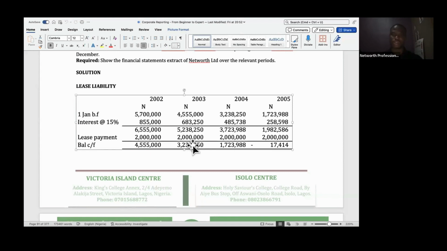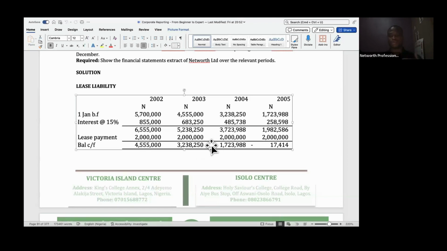That was for 2002. For 2003, we said this 3.2 million is what we are owing for the remaining periods. But a portion of this 3.2 million also will be paid next year, while the remaining portion will be paid later into the period. So the one we are paying next year, we looked at it by saying, okay, if what we are owing at the end of 2003 is 3.2 million, and by 2004, it has reduced to 1.7 million, that means the difference between that 3.2 and 1.7 is due within 1 year.